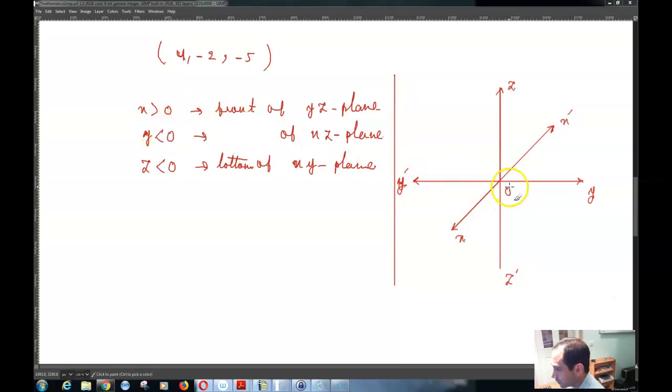So since your y is negative, you are to the left of the XZ plane, and then the front left, and then to the bottom of the XY plane, then you will end up in this XOY prime Z prime octant, which is basically down here, which is basically the eighth octant.